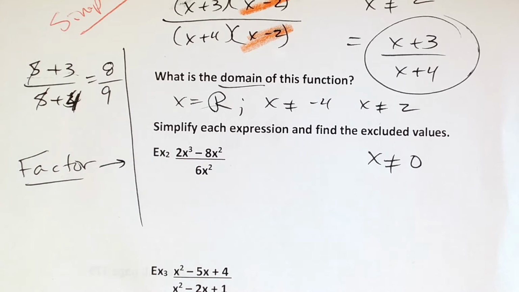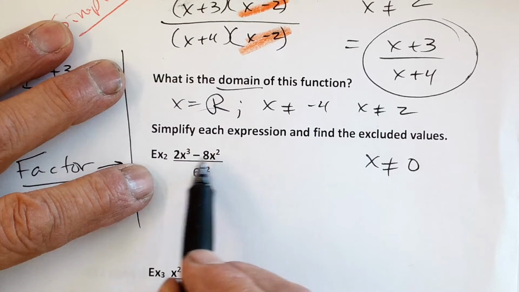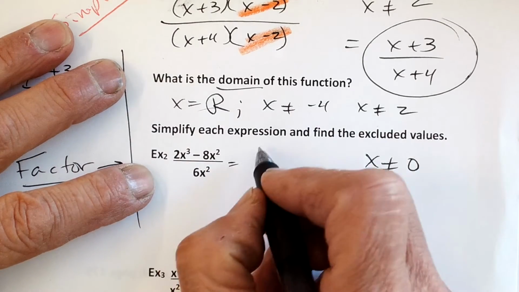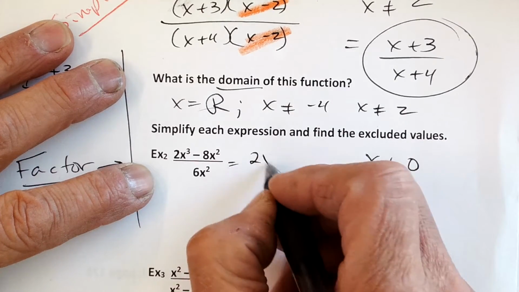So if I factor the numerator, that's the top of the first fraction, I can common factor out a 2. They have a common multiple of 2, and they also both have x squared in common.